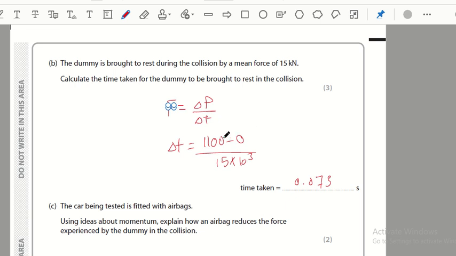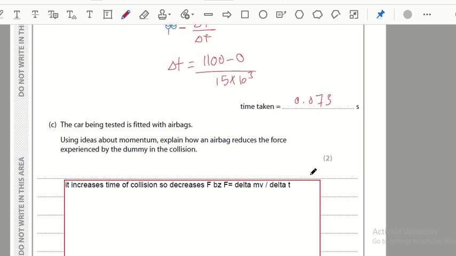This is the difference in p. And for force that makes this difference, it was 15 kilonewton, so it is 15 times 10 to 3, because we want the final answer in second. Substitute and calculate, it will be 0.073 second.